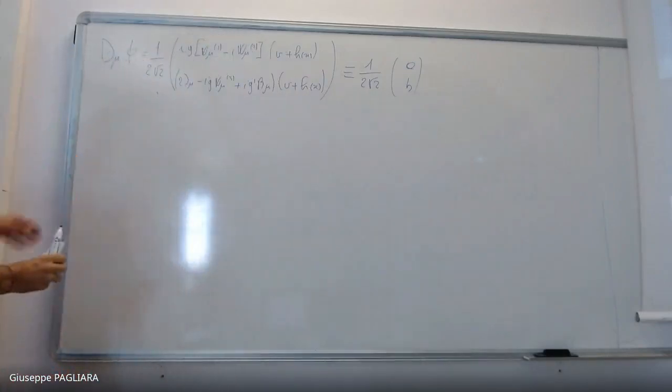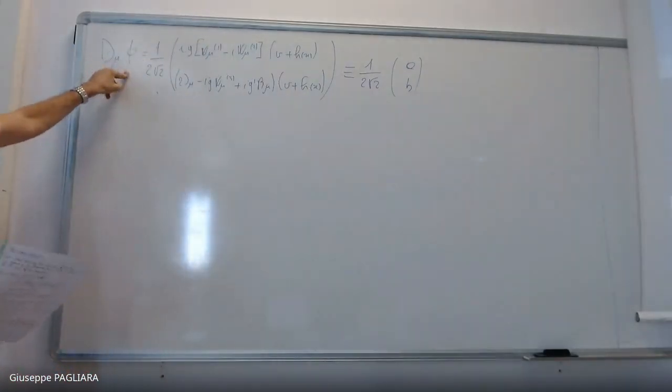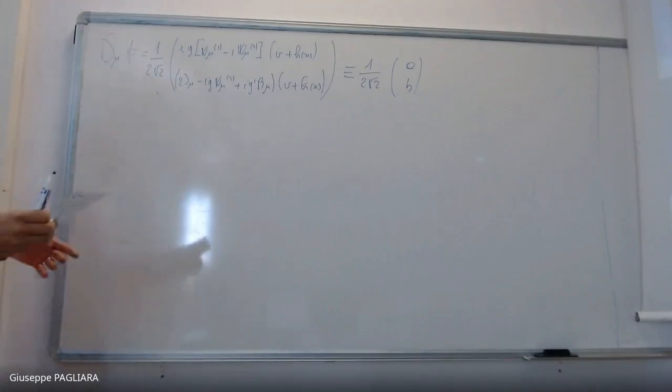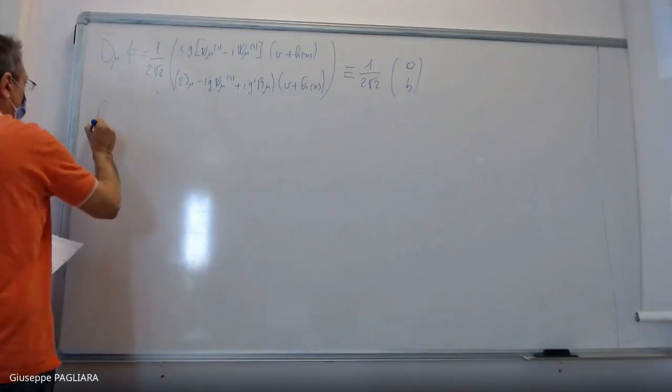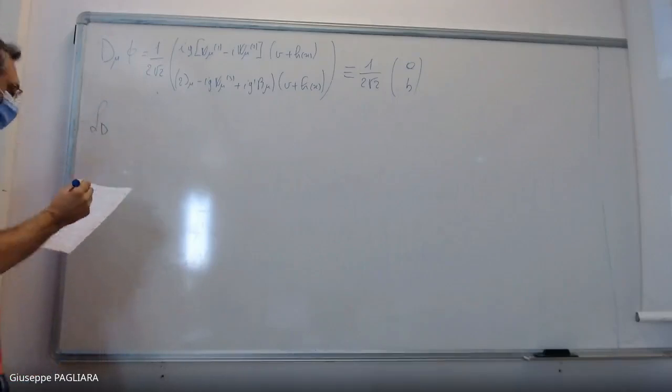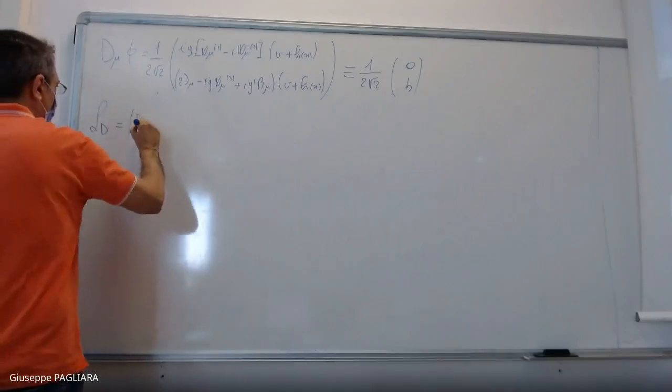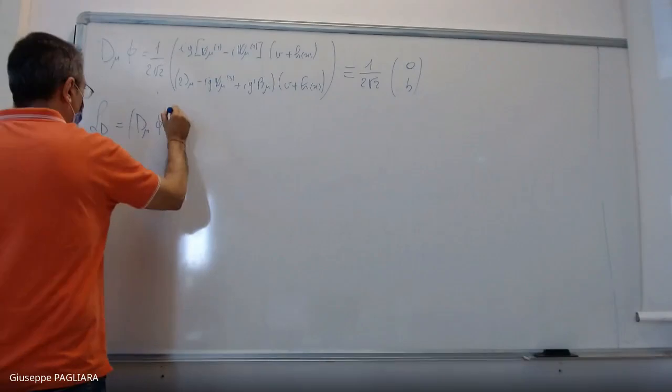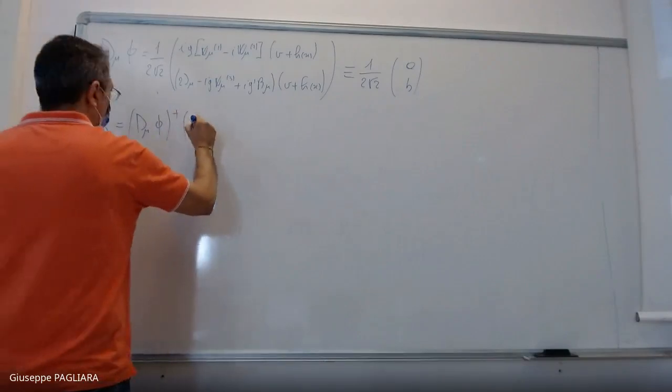So this was the first term of the Lagrangian. We actually have two derivative terms. The kinetic part of the Lagrangian is actually the derivative mu phi dagger and the derivative mu phi.